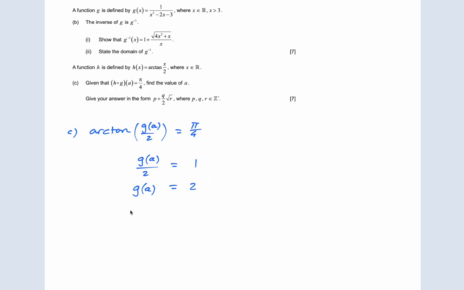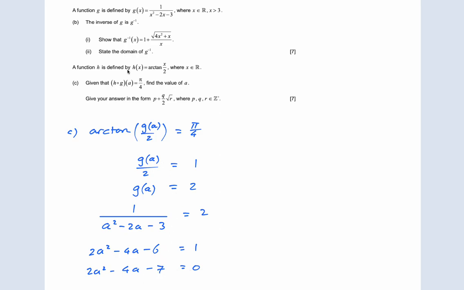So g of a is 1 over a squared minus 2a minus 3, and this equals 2. Multiply across, I get 2a squared minus 4a minus 6 equals 1. Subtract the 1: 2a squared minus 4a minus 7 equals 0.